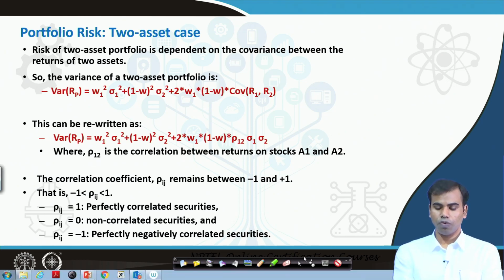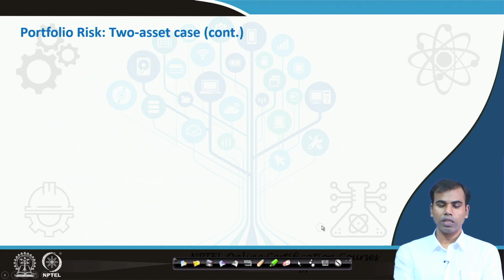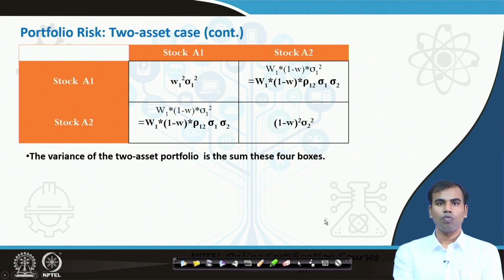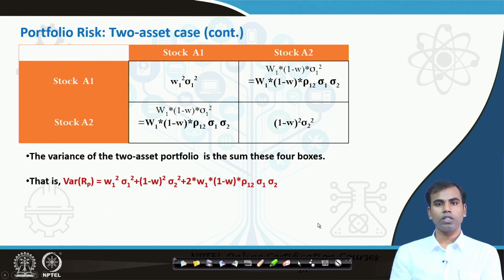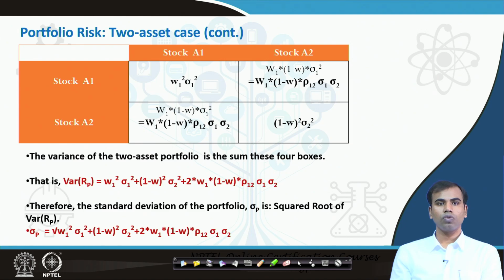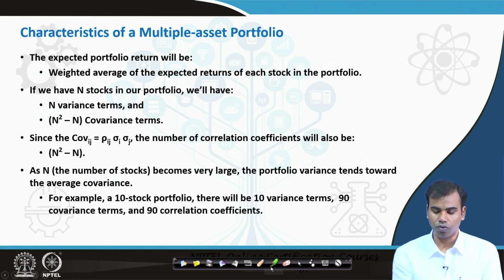In this way, if we try to understand it, we can showcase the two asset case, let us say stock A1 and stock A2, these are two assets for which we have expressed how we can calculate the risk associated with each of the scenarios, and if we sum it up together, we get the total variance of the portfolio of two assets as given in the formula, and if we take the square root of it, we know the sigma of the portfolio, which is basically the risk of the portfolio.